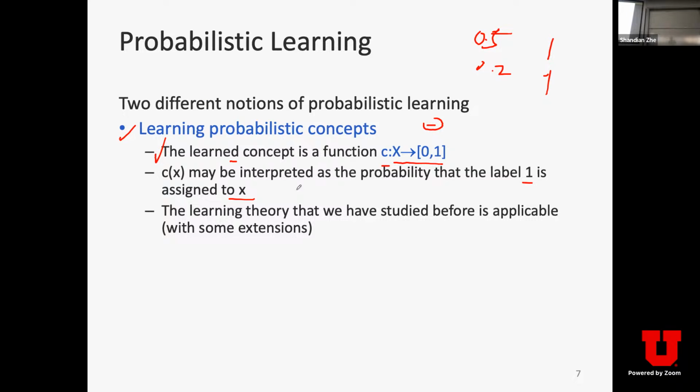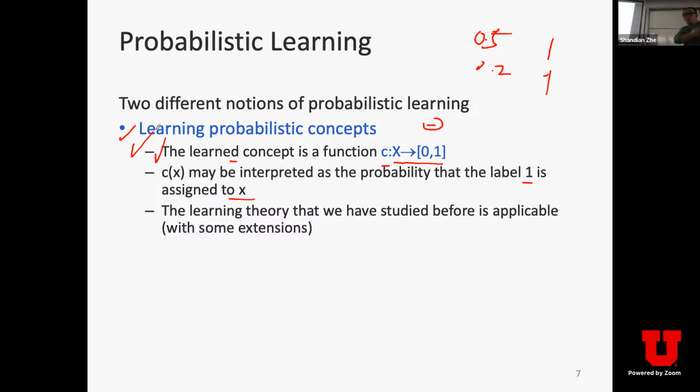What you need to do is just make sure that your output is always a number between 0 and 1. Does it make sense? We'll come to some specific examples for this type of method later. That is logistic regression. But does this formulation sound reasonable to everyone? Any question?